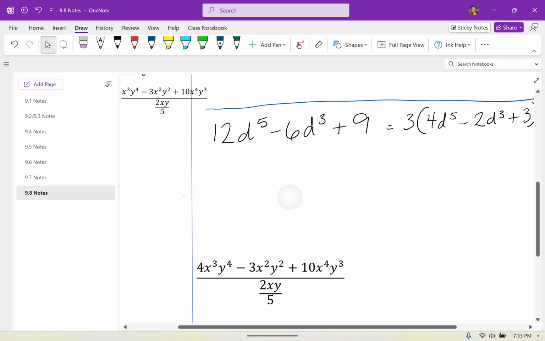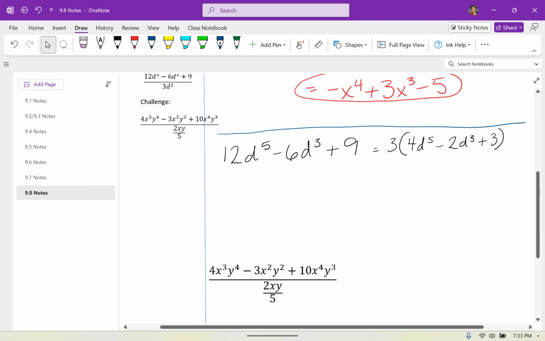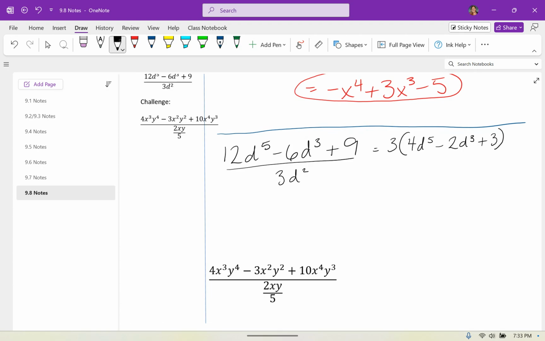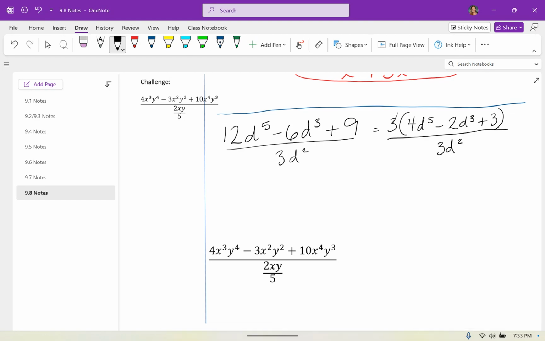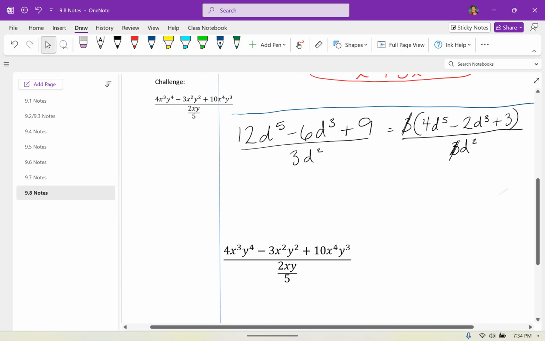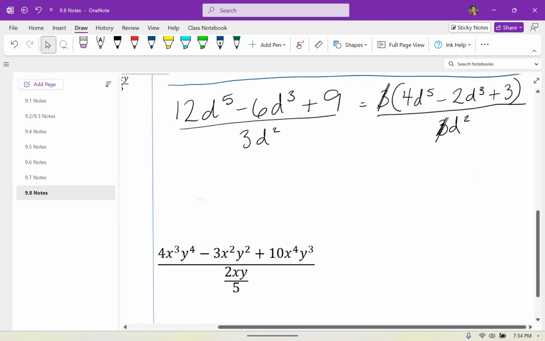And this is being divided by 3d squared. Okay, so we can go ahead and cancel the 3's, right? Hopefully you see we have a 3 in the numerator and 3 in the denominator. Okay, so I'm going to write what's left.